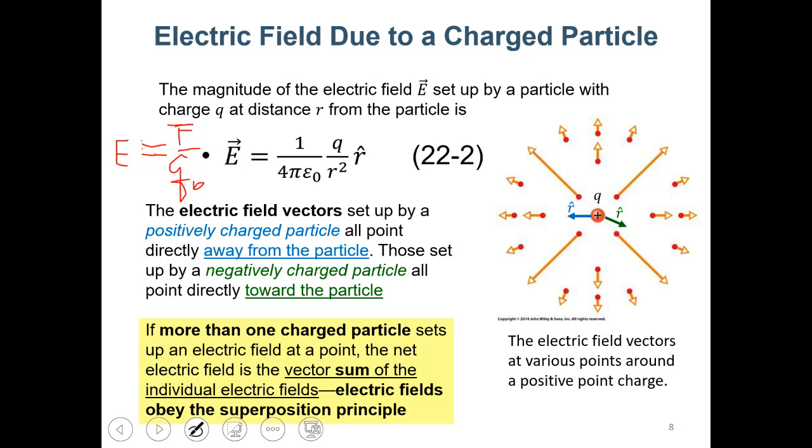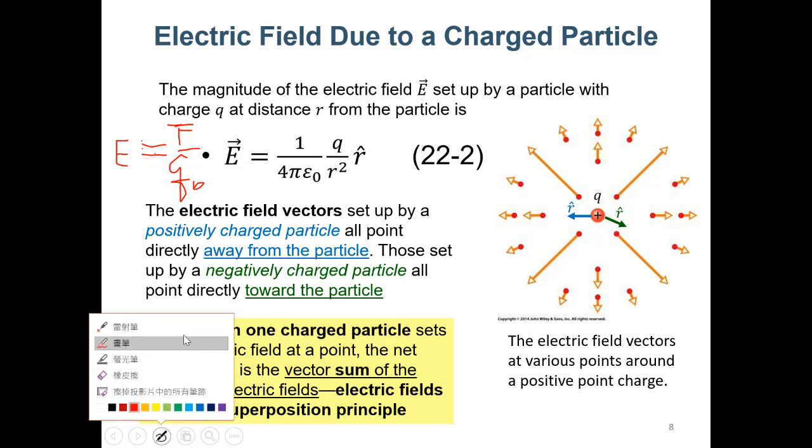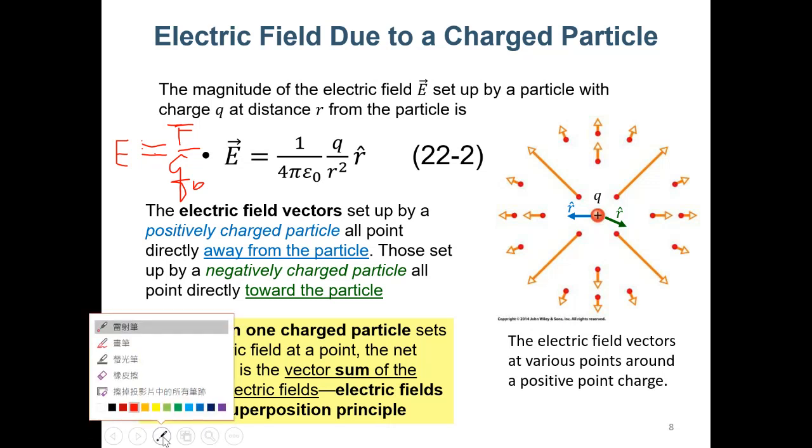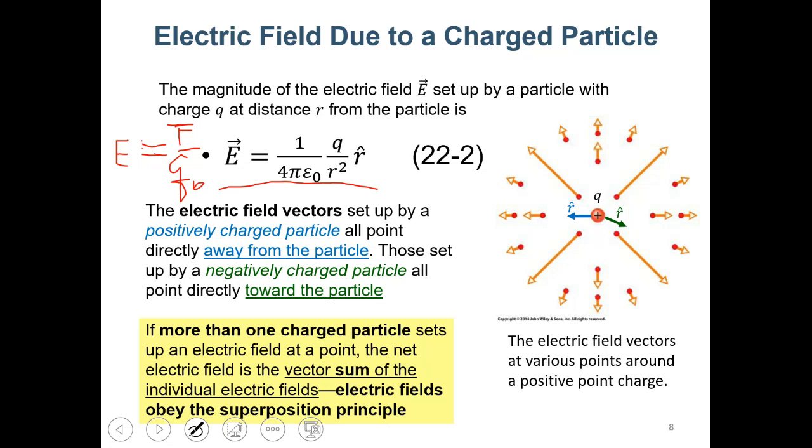So if we divide it by Q0, E will be just K times Q over R squared, which means the E field generated by a particle with charge Q only relates to the charge itself. No matter how large a test charge is, it doesn't really matter.